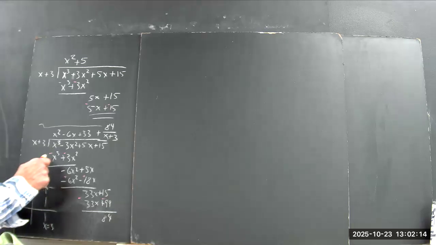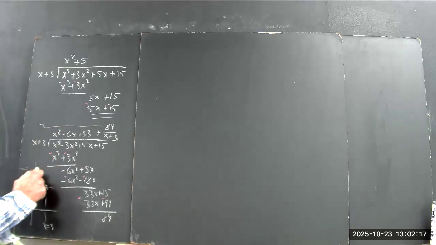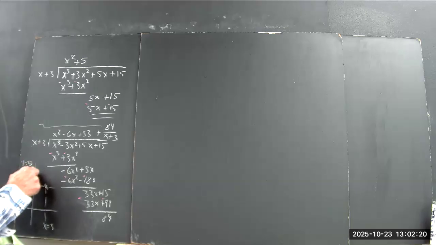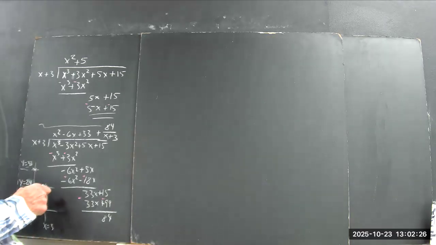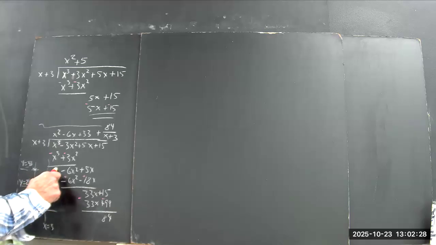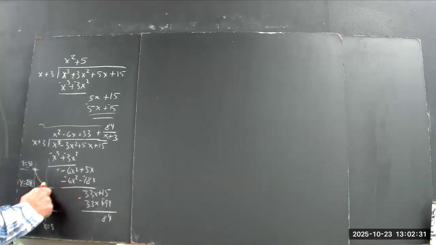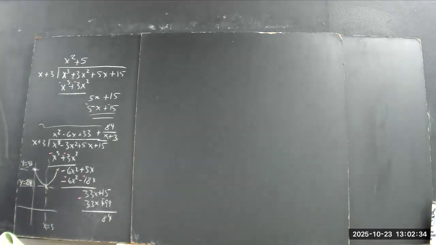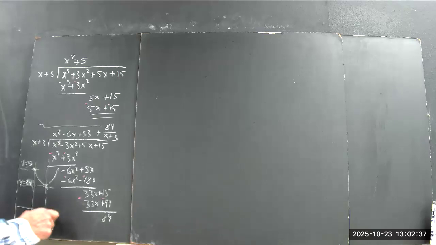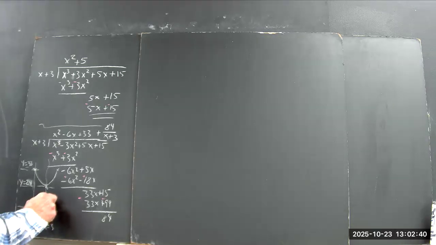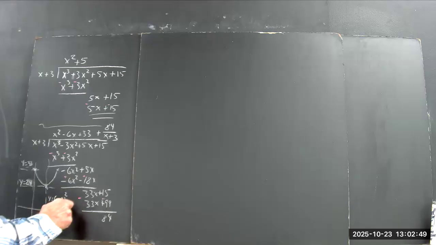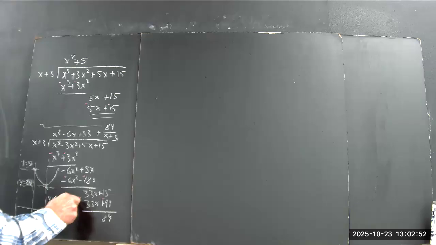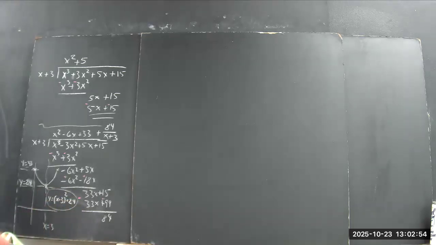And then the y-intercept, if x is 0, y is 33. There's the y-intercept. And we know that we have a point symmetric with this on the other side of the axis. So right there's our graph. And we can also say that this is y equals x minus 3 squared plus 24.